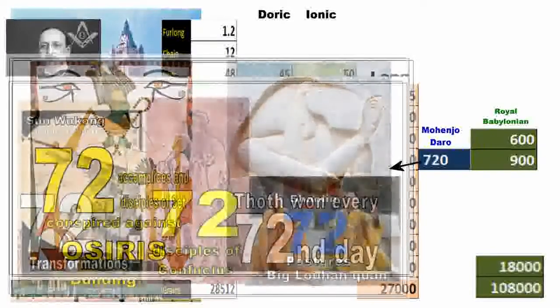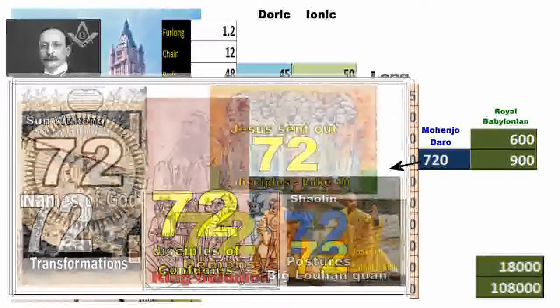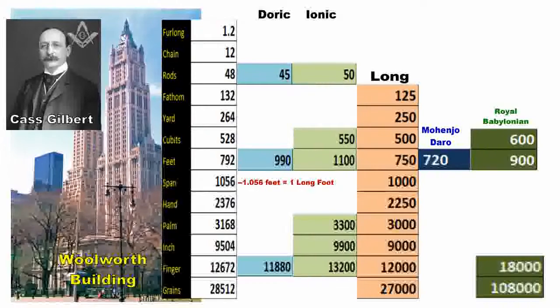Thoth is the Hermetic code, and is also a moon god, so he wins 72 days for the moon, while in China, in the martial arts, Confucius, and Chinese literature traditions, 72 is very important, but also in Western mysticism, 72 names of God. That's a picture by Kershaw. Solomon, 72 demons. Jesus, 72 disciples, and it really carries on throughout this.